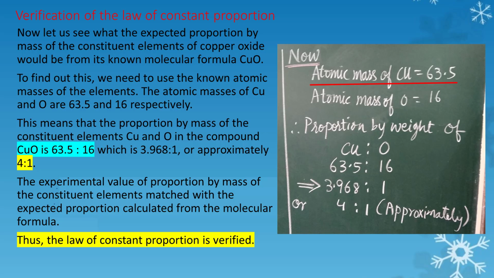The atomic mass of oxygen is 16. Therefore, the proportion by weight of copper and oxygen, when we calculate 63.5 upon 16, we find it to be 3.968:1. That is 4:1 approximately.